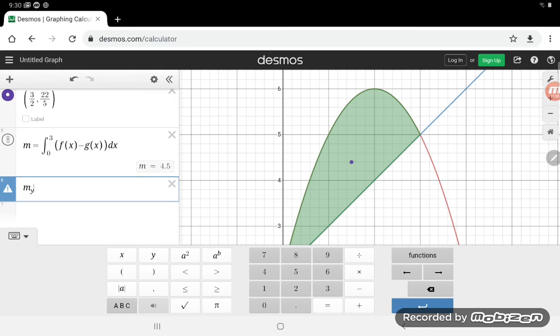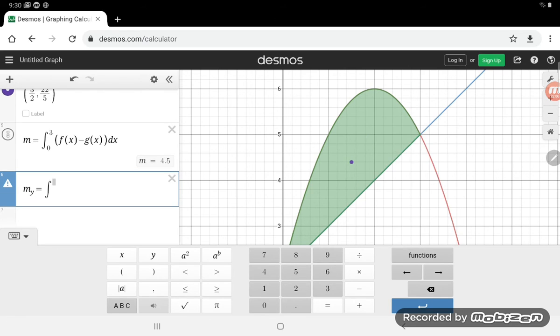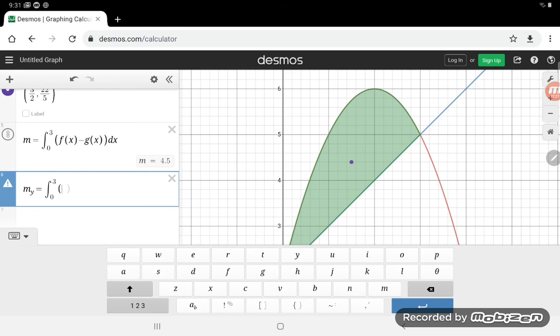So my m sub y is equal to that integral again. And if I could copy and paste real easily, I would, but I can't. So we have our 0 to our 3. And I guess what I could have done was made that shorter and done some f of x minus g of x and named it something, but too late now, I guess.